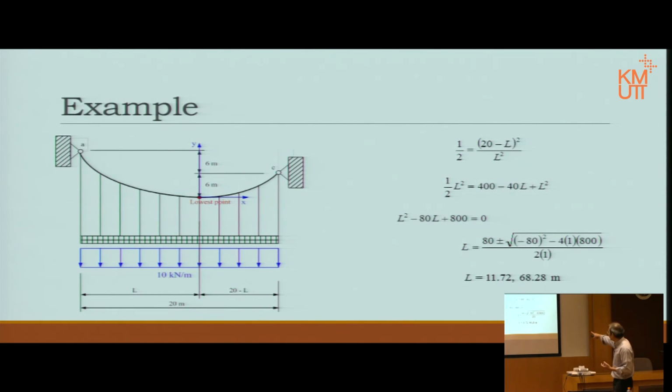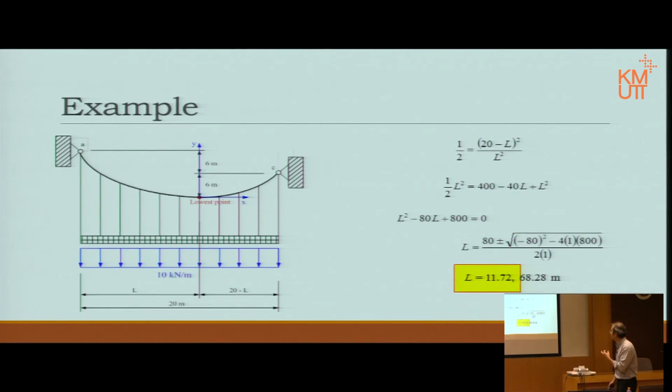The latter one, 68, well, the span is only 20. So it's impossible. L should be smaller because it's inside the span, while 68 is bigger. Therefore, the right answer here is the first one, 11.72 meters. Which means that now we know exactly where the lowest point is.